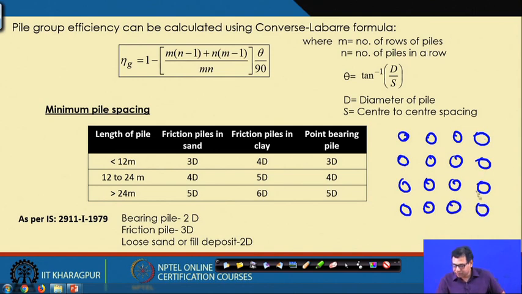So, number of rows means 4, so here m value will be 4, and then the number of piles per row is also 4. Number of rows is 4 and number of piles in a row is also 4. So, m is equal to 4. Sorry, n will also be 4.